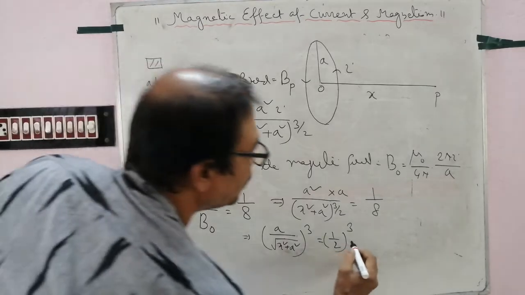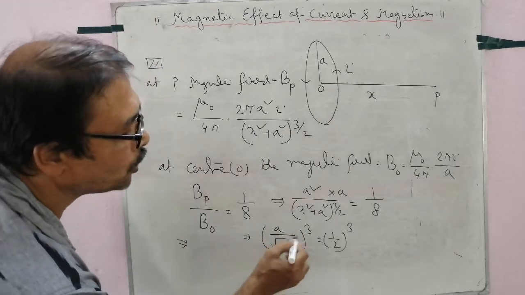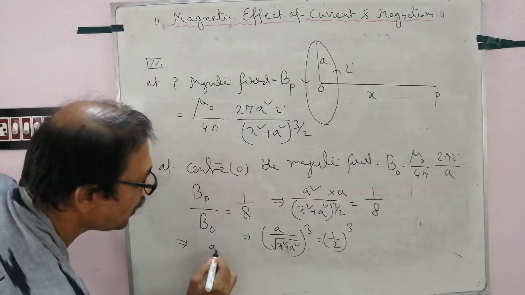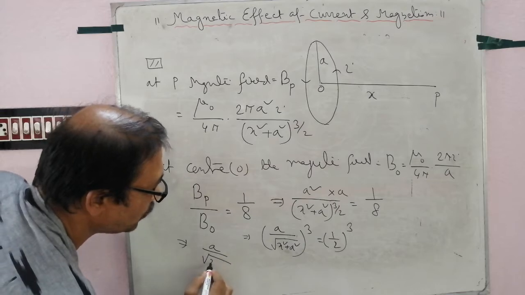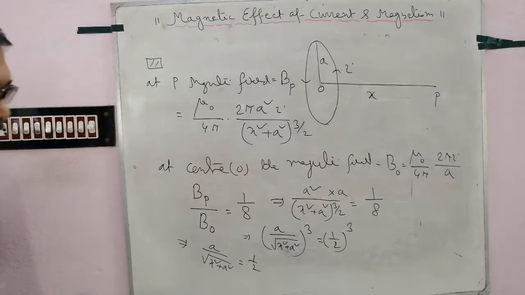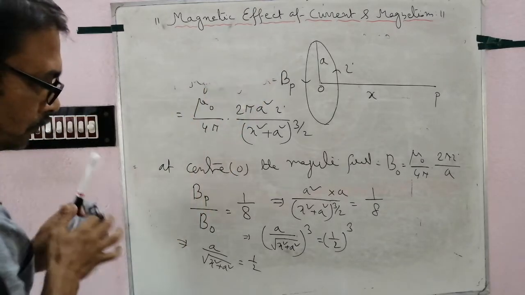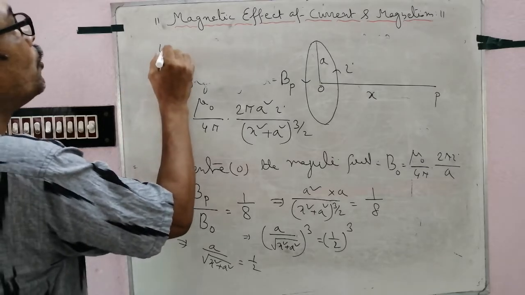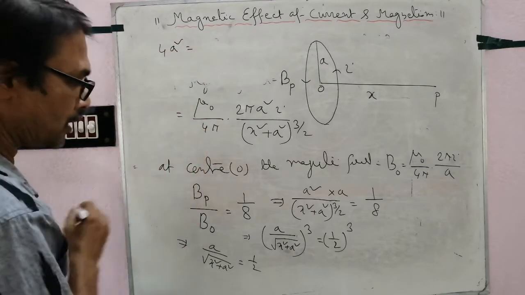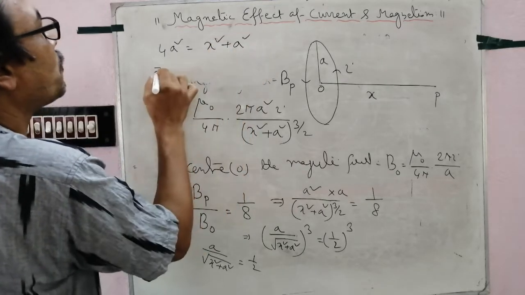So the final result, A by root over x square plus a square is equal to half. So the result will be 4 a square equals x square plus a square.